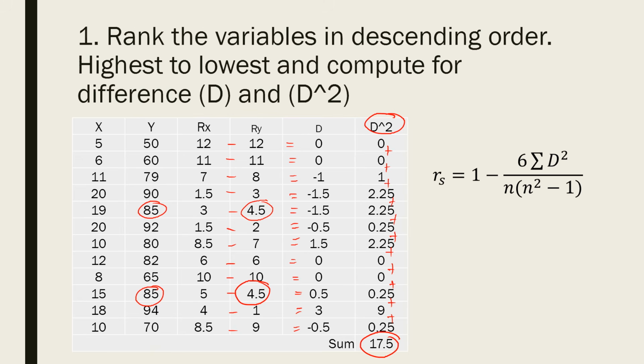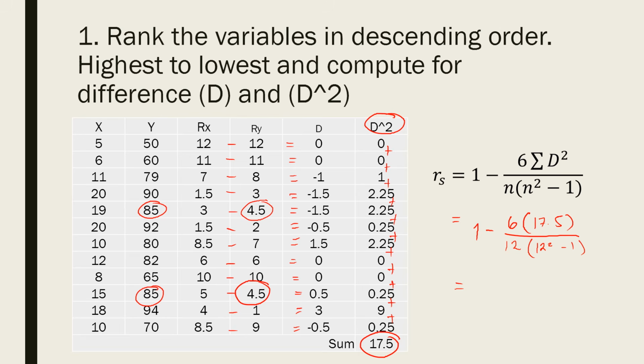So applying the formula would give us 1 minus 6 times the summation of d squared, that would be 17.5 divided by n, which is, pwede na pala nating isulat si n. So that would be 12 times 12 squared minus 1.